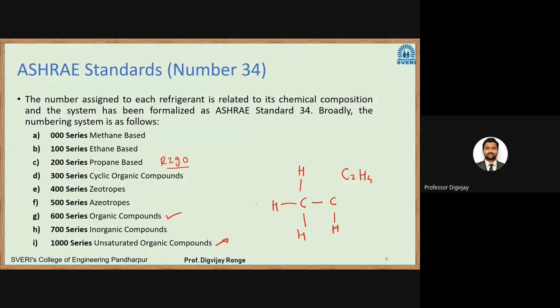If it is R1050, that will be unsaturated organic compounds. If it is R400 something, that will be zeotropes. If it is R510, that will be azeotropes. Based on these numbers, you can identify which classification the refrigerant belongs to.